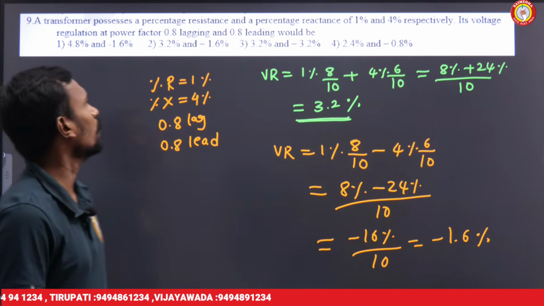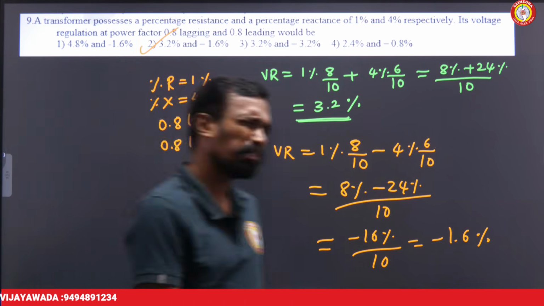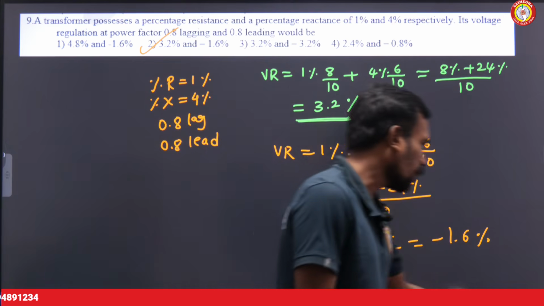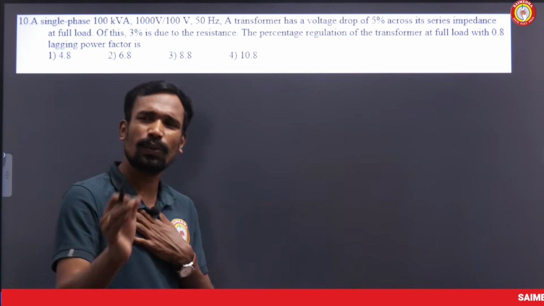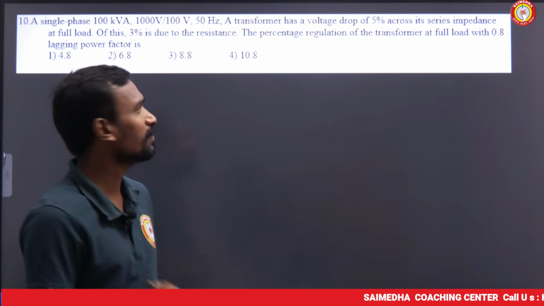One is 3.2 and the other one is 1.6. Simple questions, sir. In voltage regulation and auto transformer, surely we can expect this question and you will get the answer easily.